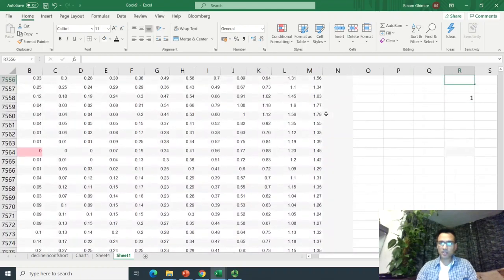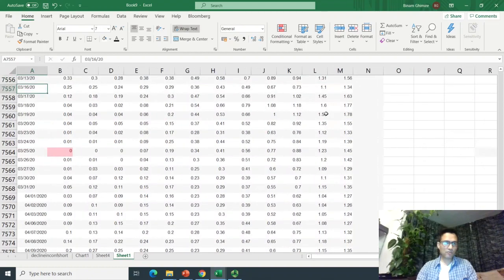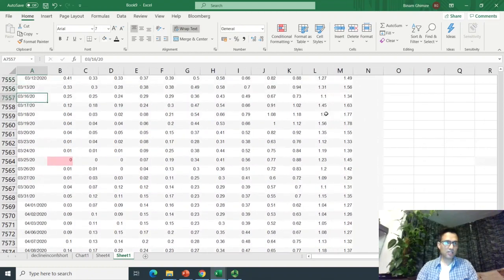I'm going to make use of the yield rate that was there just before the significant dip that we observed in stock indices. That was in March 2020.